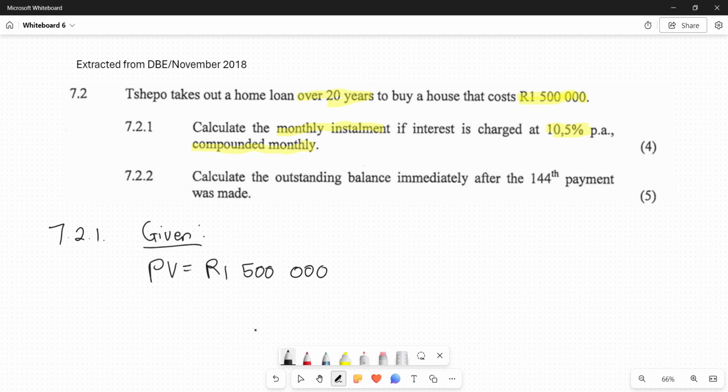We have an interest rate of 10.5%, but you should be careful with this one. This is not an effective interest rate. It is a nominal interest rate. They're saying it is compounded monthly, so it will be I12. This is the nominal interest rate of 10.5%, which is equivalent to 0.105 in decimal form.